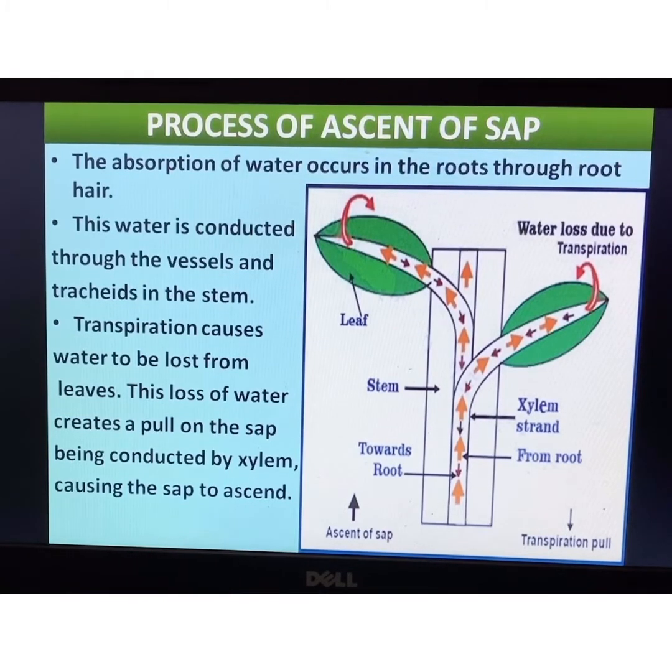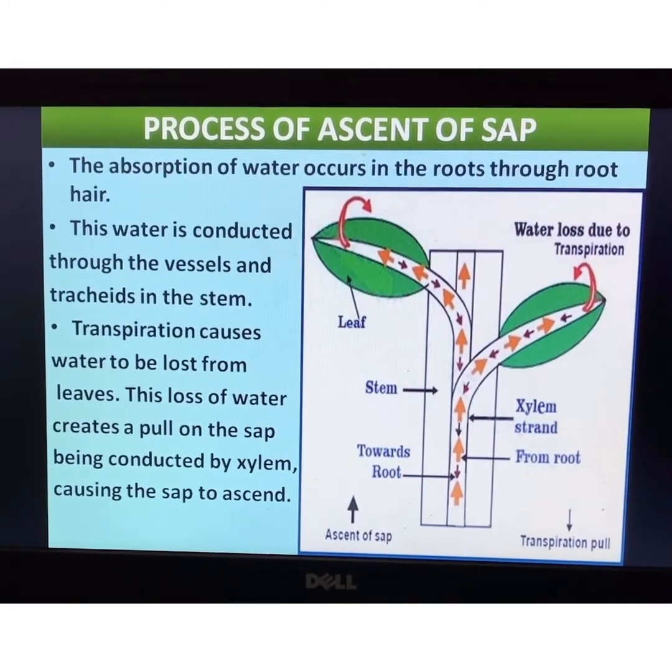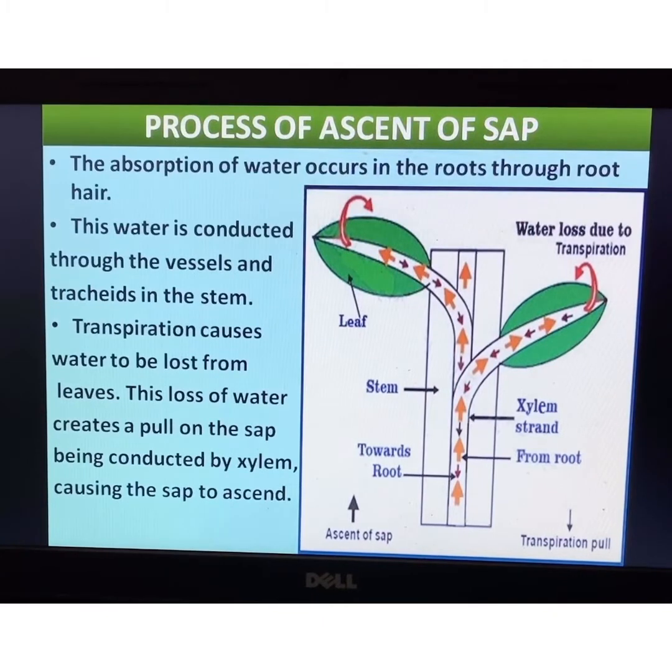Now plants will be continuously absorbing water through their roots. This water will move up through the stem to all parts of the plants. And you will be so surprised to know something. The water that is drawn up by the roots and sent to the upper parts of the plants is hardly getting utilized.